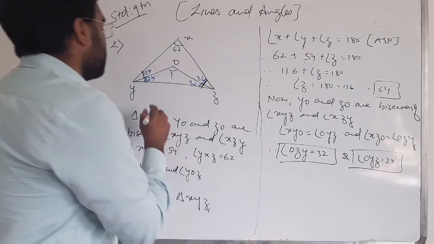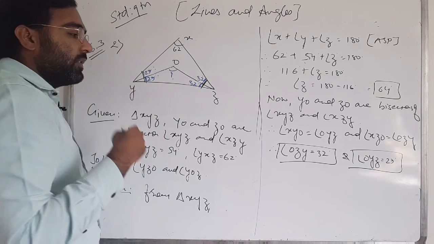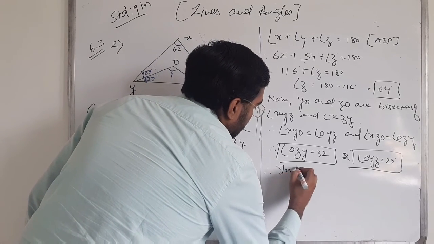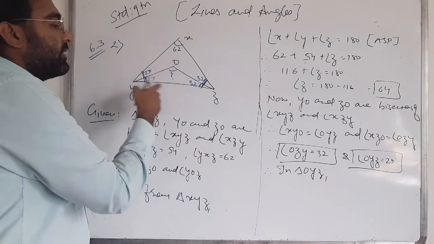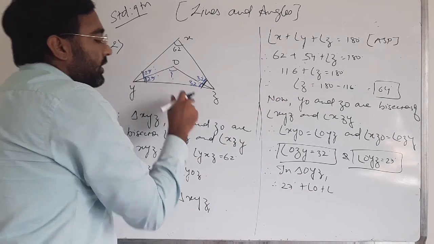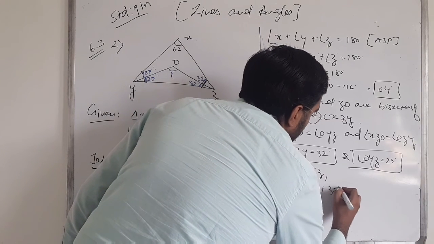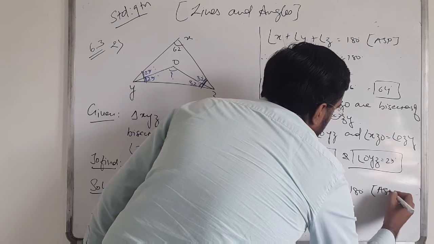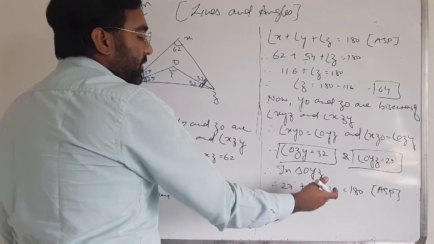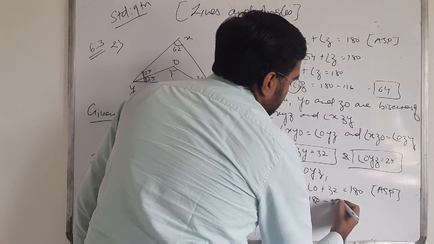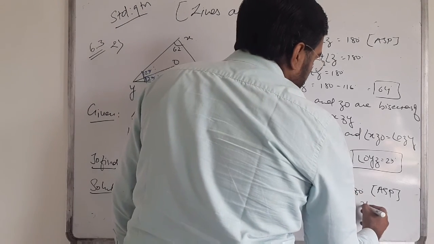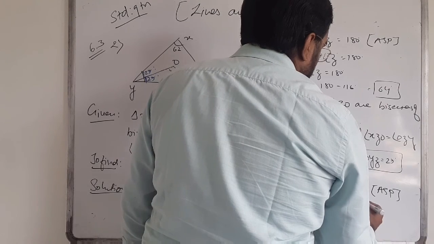Now triangle OYZ is also formed, so we use the angle sum property for triangle OYZ. 27 degrees plus angle O plus 32 is equal to 180 degrees. Therefore angle O is equal to 180 minus (27 plus 32), that is 180 minus 59, which is 121 degrees.